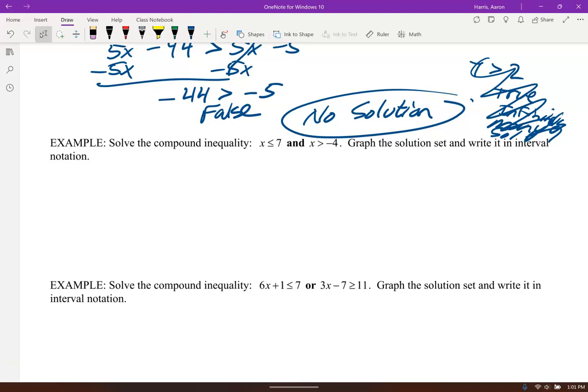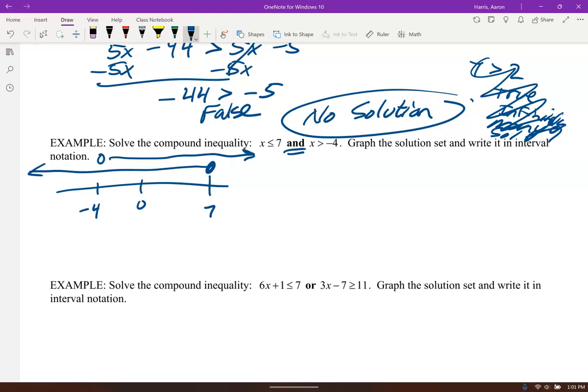All right, let's get into compound inequalities here. x is less than or equal to 7, and both of these have to be true. So I like to graph it. Less than or equal to 7 is this. Greater than negative 4. Here's my greater than negative 4. And both have to be true. In other words, where's their intersection?